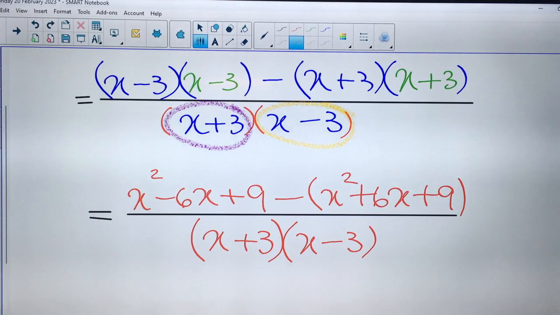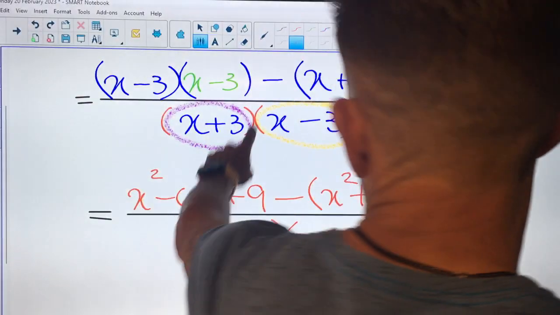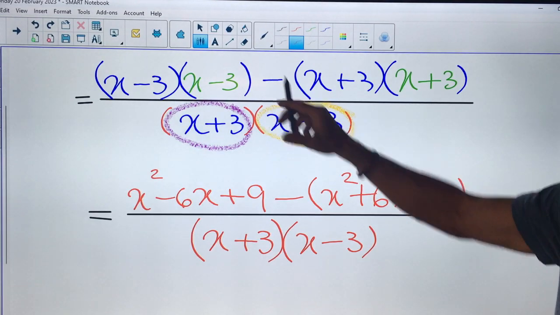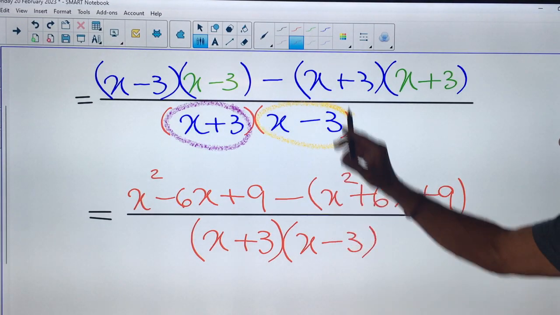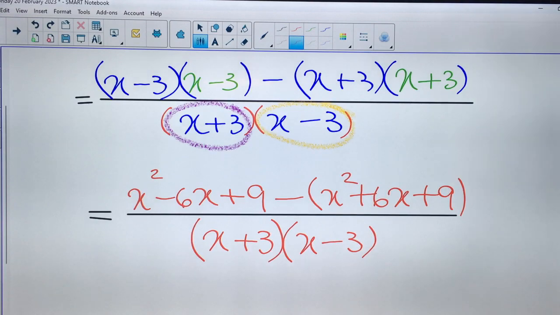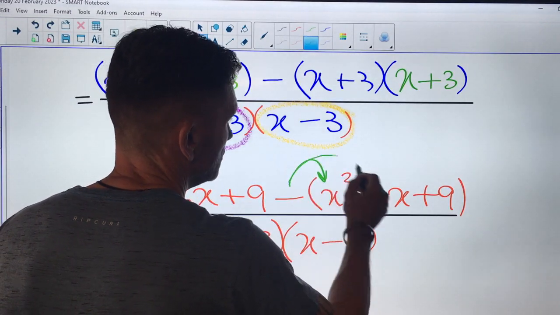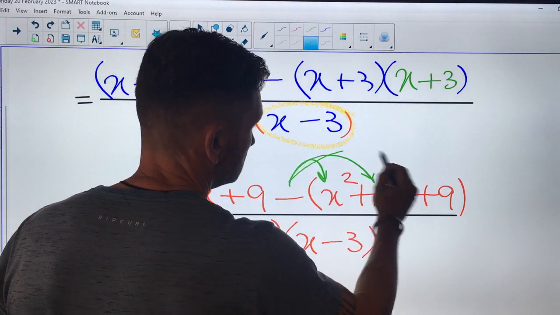Just note what I have done here. I realized that there's a negative in front. So I kept this in a bracket after I've multiplied it out with a negative still in front. And that negative needs to be multiplied into each term on the inside.